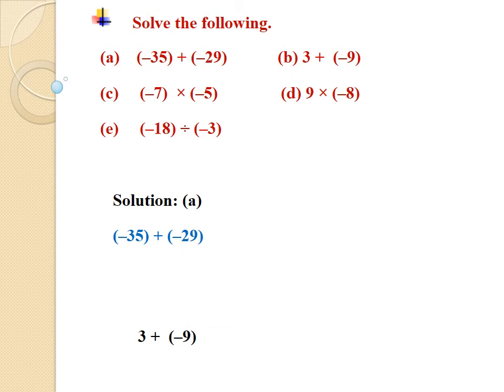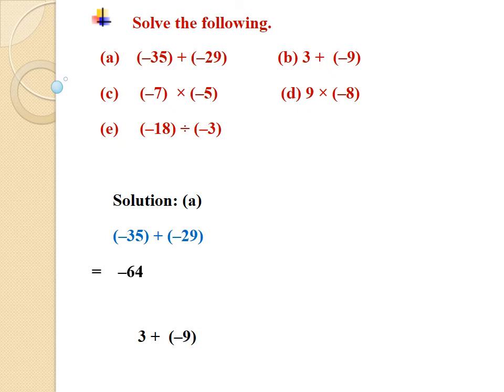Thus, adding 35 and 29 as whole numbers by ignoring the sign, we get 64, and placing a minus sign before 64 as the common sign is minus, we get minus 64.